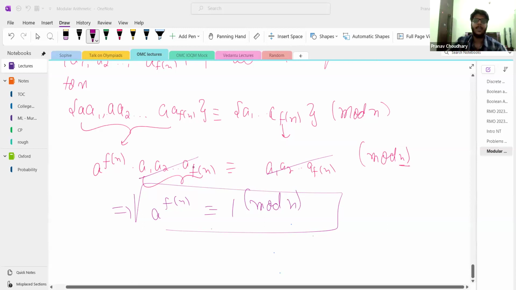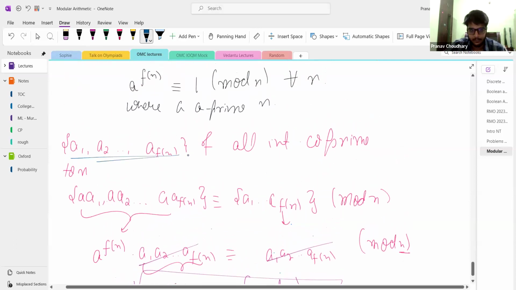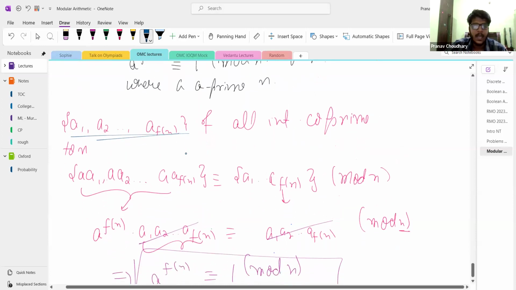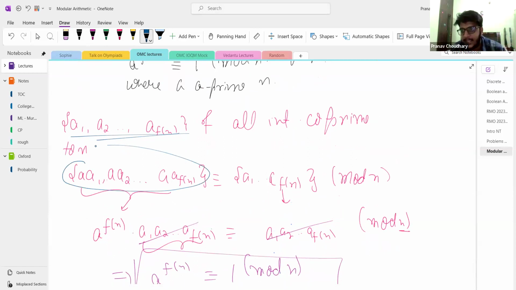No. See, what I'm doing is just taking the set of all the numbers which are co-prime to n. Now I know that this set, when I multiply it by some integer a which is co-prime to n, where a can be anything, I just need it to be co-prime to n. I consider this set and this new set.